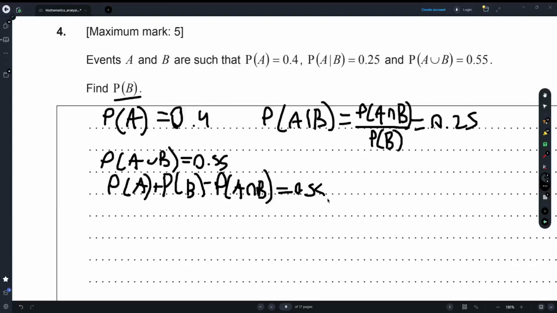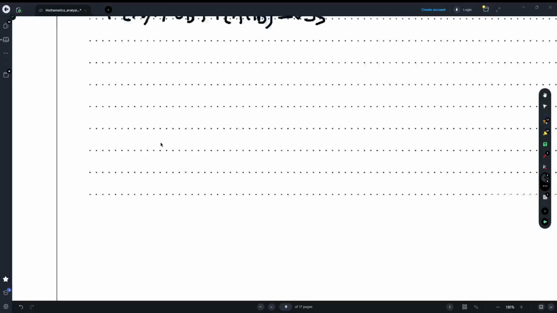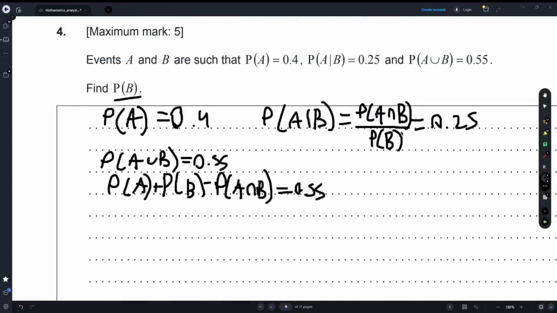Now we have two variables that we need to find one of. The two variables here are P of A intersection B and P of B, and we need to find P of B. We can do this with a system of equations, but since we know that P of A is 0.4, this becomes super easy.